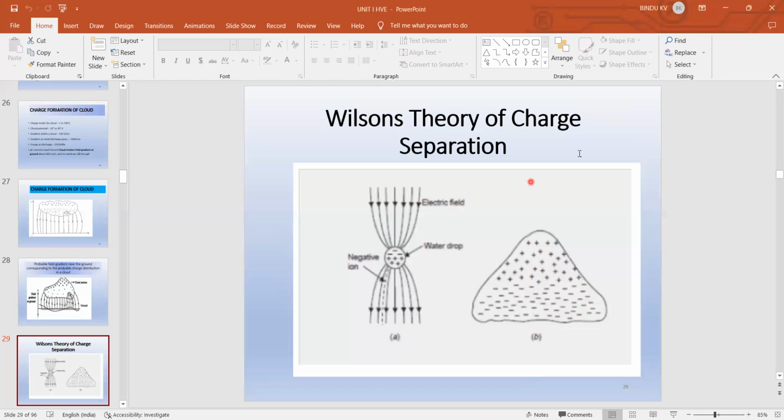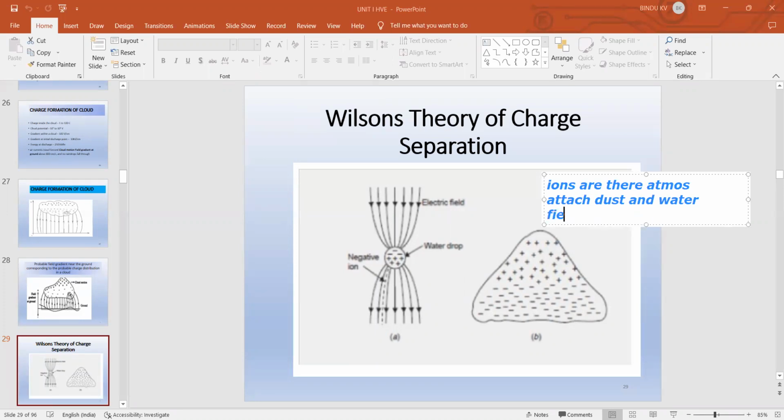Before going into the theory, we have to see certain assumptions. We have a large number of ions present in the atmosphere. These ions attach themselves to form dust and water particles.